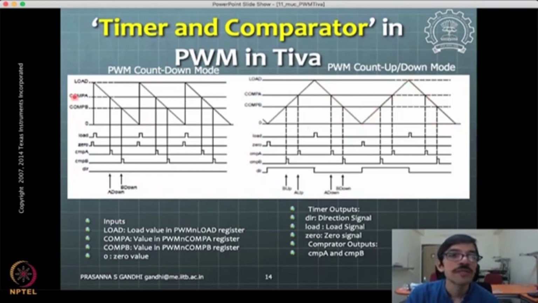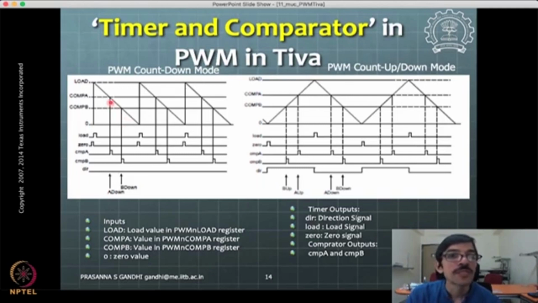Whenever the compare A and compare B values are hit during the countdown process, of course, for that compare A and compare B values have to be lesser than whatever value you have loaded in the counter. If it is more than that, there will be some error popped out, or it may consider the highest value. We don't know; we need to see through the details of the datasheet to see what happens under such scenarios.